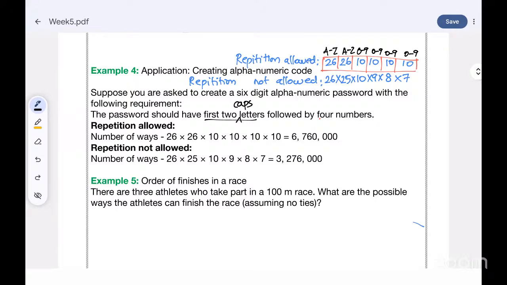But if both uppercase and lowercase are possible, then as you mentioned, it should be 52.